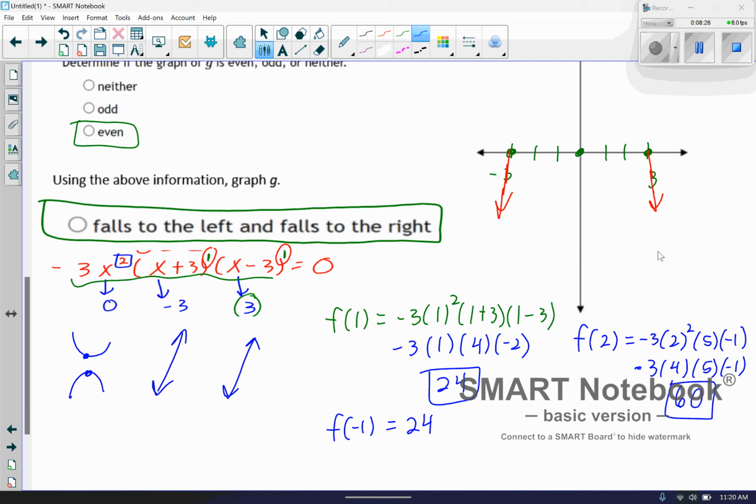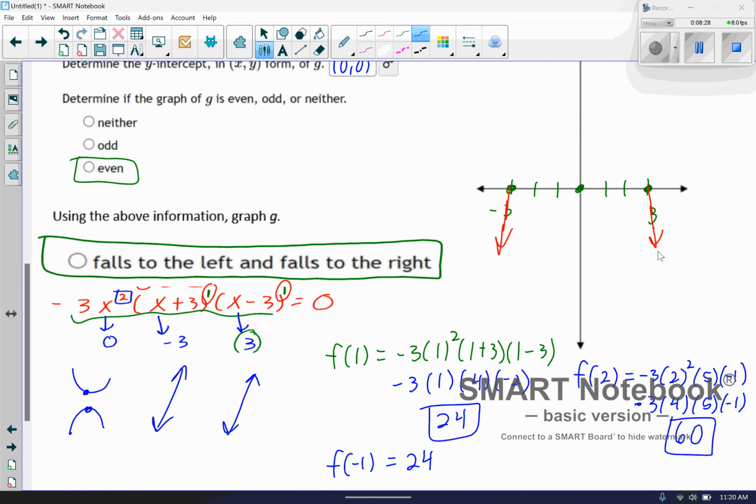And so what we want to do here is just scale this, and that should make things pretty easy. So we can go by 20s or whatever. So let's see, 20, 40, 60. And I'm just going to label the 60 up here. At 2, I need to be all the way up here at 60. And at 1, I need to be at 24, so a little bit above my 20 mark.